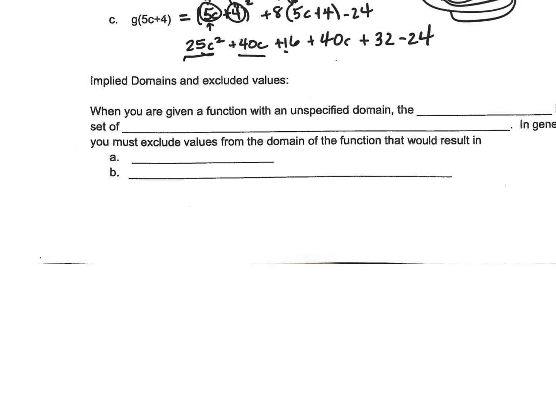All the way through 11. On the front side, do 1 through 11, and then on the back side, do 1, 2, and 3. So 1 through 11, and on the word, do 1 through 3.